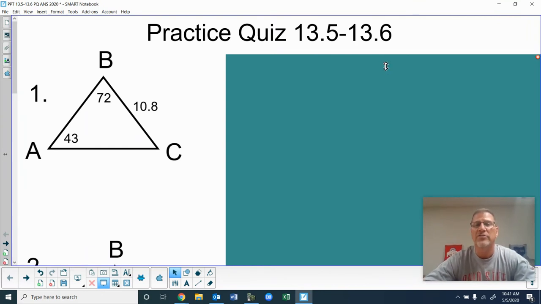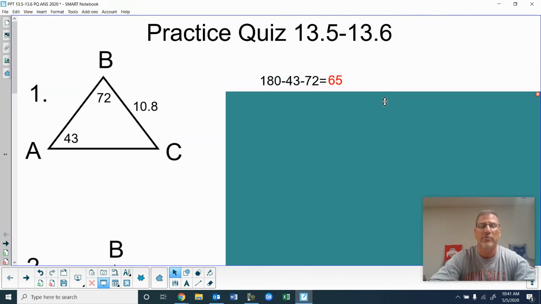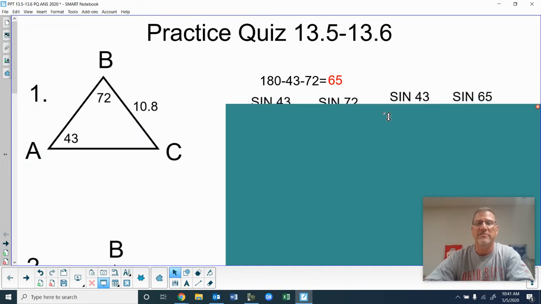So we're going to use our law of sines. First thing I'm going to do, if I know 2 angles of a triangle, I'm going to find that third angle by adding those 2 together and subtracting from 180. So I went 180 minus 43 minus 72. So angle C will be 65 degrees.